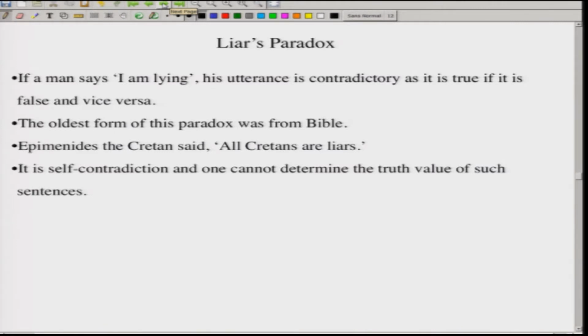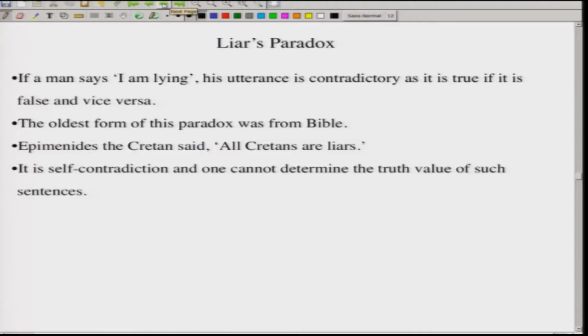What exactly is Russell's paradox doing? After Russell came up with this paradox, mathematicians revised the entire set theory, and we have many different versions of set theory after that. We had to somehow block this paradox.